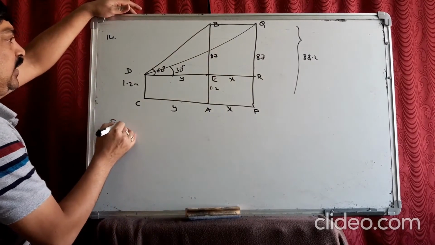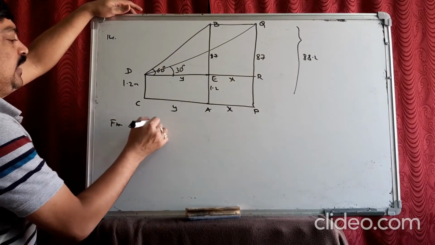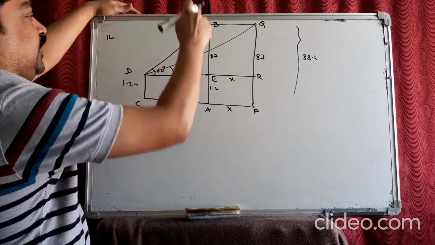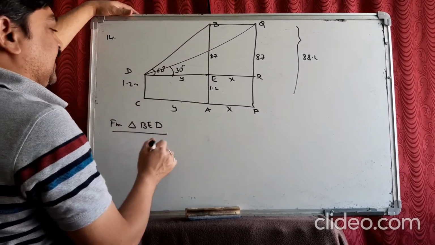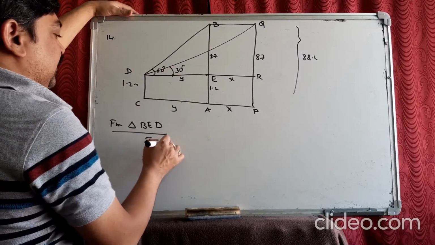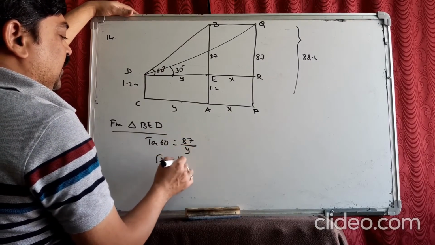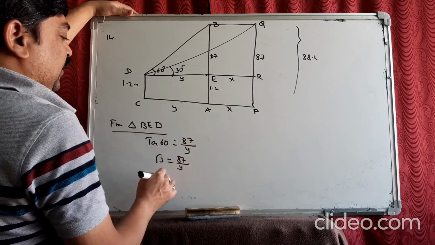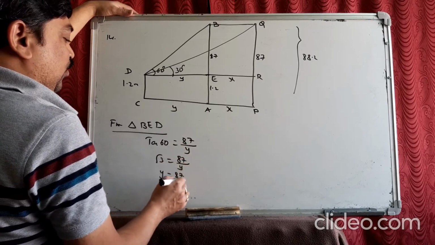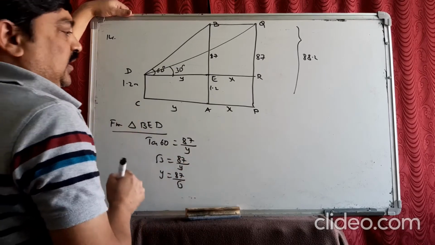From triangle BED, let us take the triangle BED. It will be 60. Tan 60 is equal to 87 by Y. So, root 3 is equal to 87 by Y. Y is equal to 87 by root 3. We need X actually.